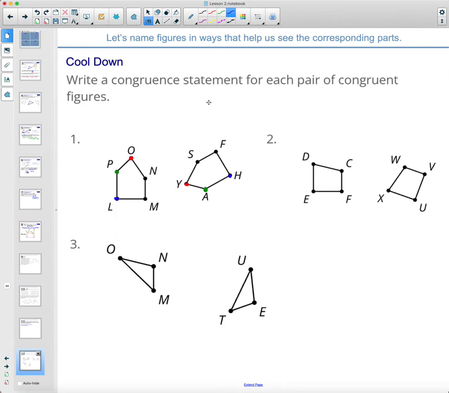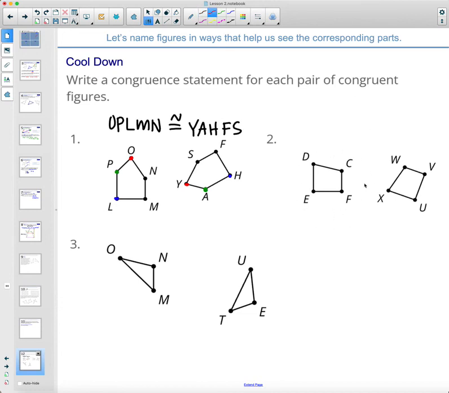So for this one, I would say O, P, L, M, N, because we can't cut across the shape. So OPLMN is congruent to YAHFS, getting those in order.